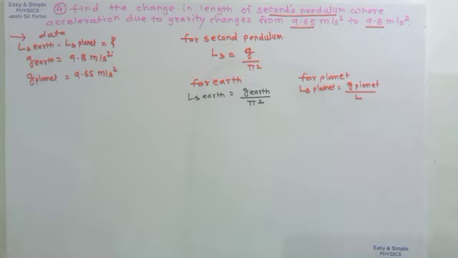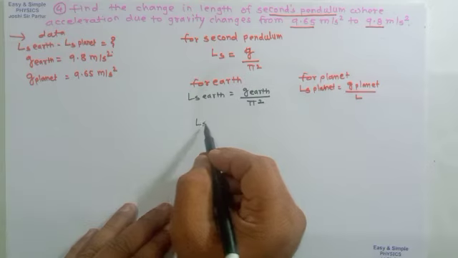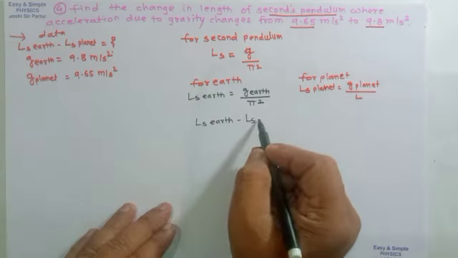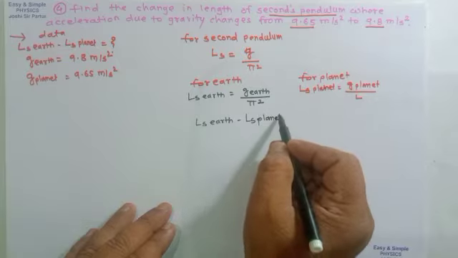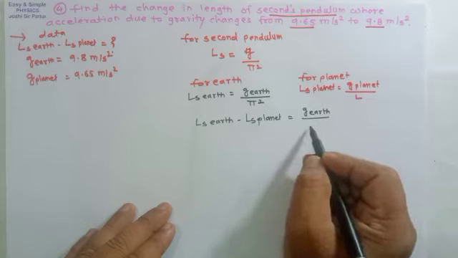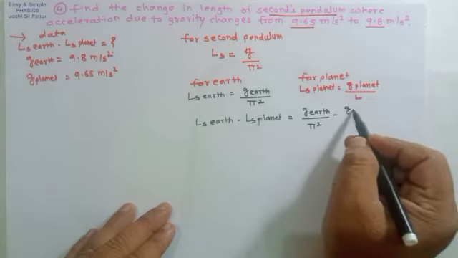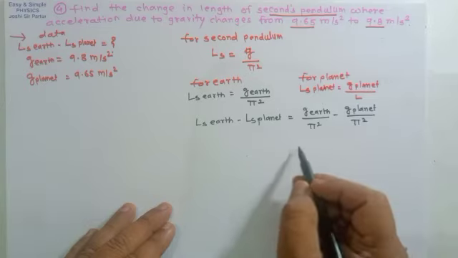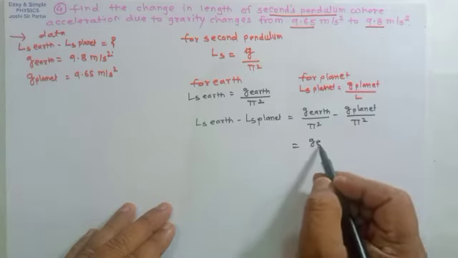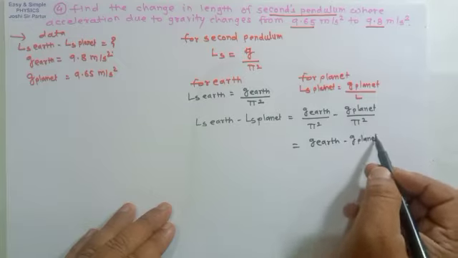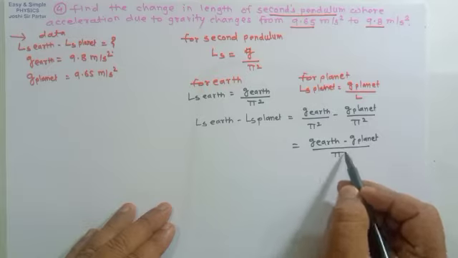So that, subtract: ls for earth minus ls for planet is equal to g earth upon pi square minus g planet upon pi square. It will be g earth minus g planet upon pi square.